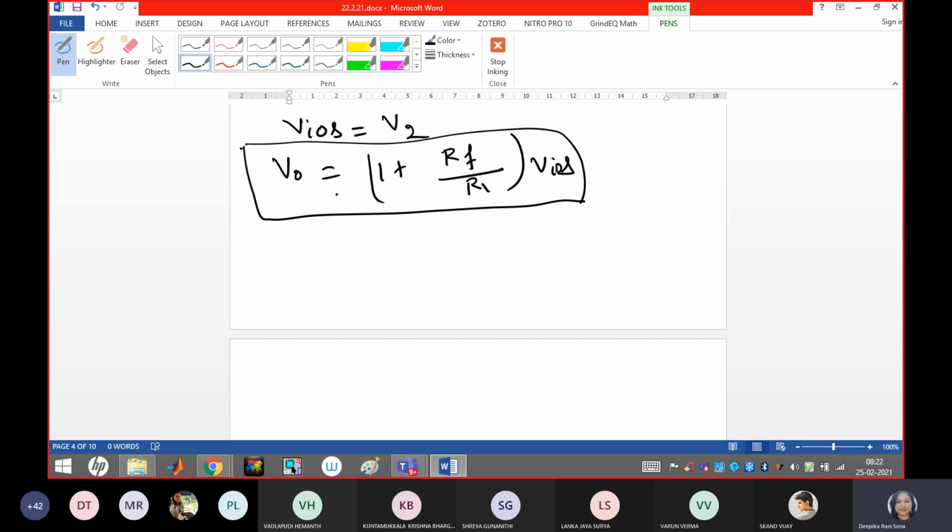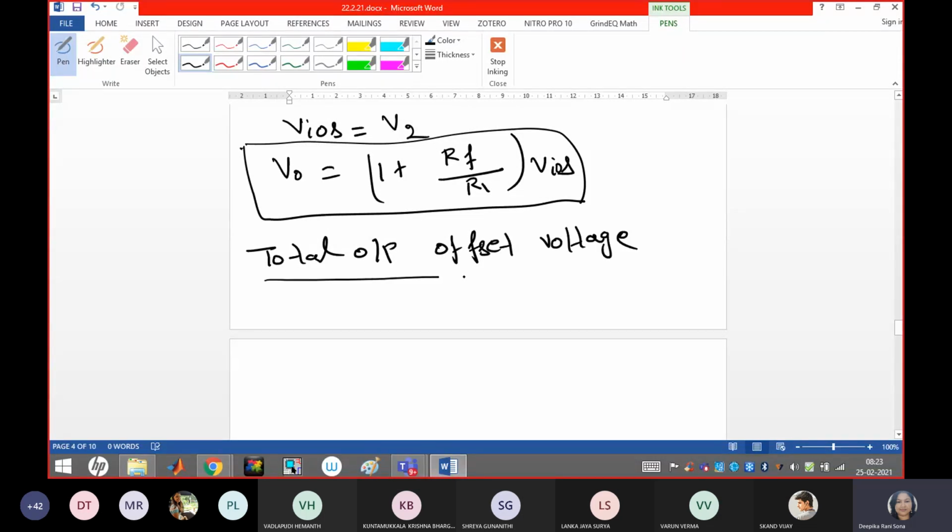Okay guys, so this is also one parameter of your DC characteristic. Then the next one, total output offset voltage. It can be represented as VOT.